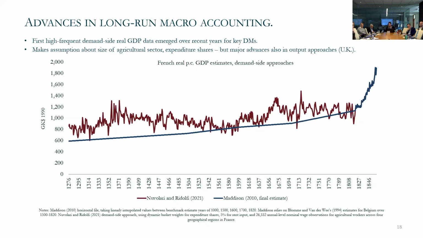It entirely gets rid of interpolations, and is the so-called demand side approach, i.e. ultimately, these are based on real wage estimates and on an estimate of the size of the agricultural sector versus the rest of the economy. There are different approaches. The most advanced approaches are full sectoral output approaches, something that Steve Broadberry at Oxford and LSE pioneered for the UK. But you see the difference is obviously high.